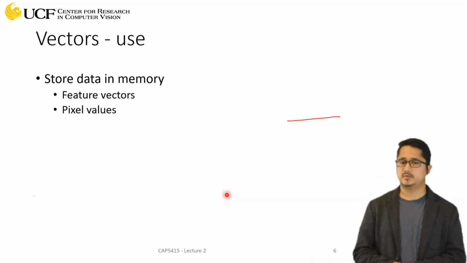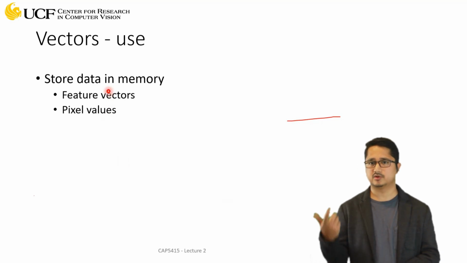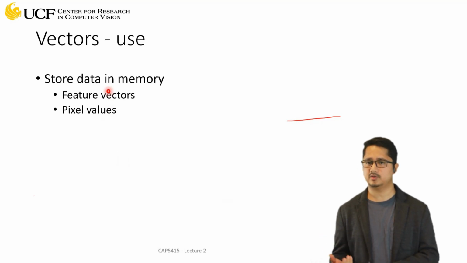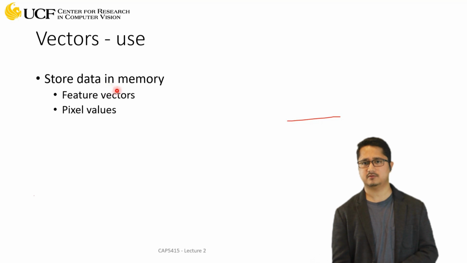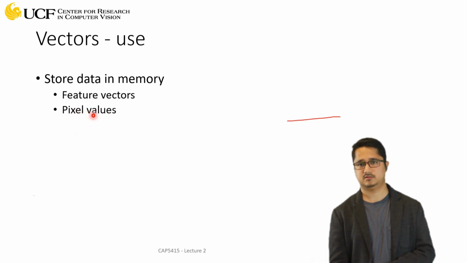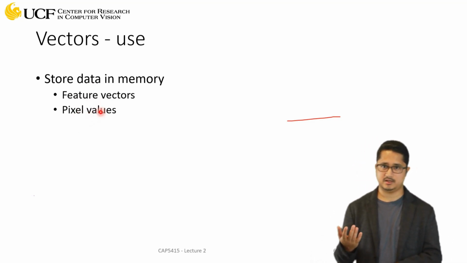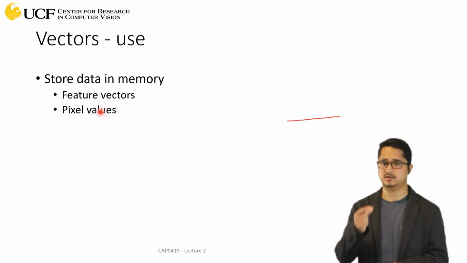Another interesting use: earlier we were talking about, given an image patch, how to represent it in some form of numbers. We can use a vector to represent that image, and we call that a feature vector. We'll talk about this a lot in this course. We can use vectors to store pixel values of images. For example, if you have a colored RGB image, it will have 3 channels.